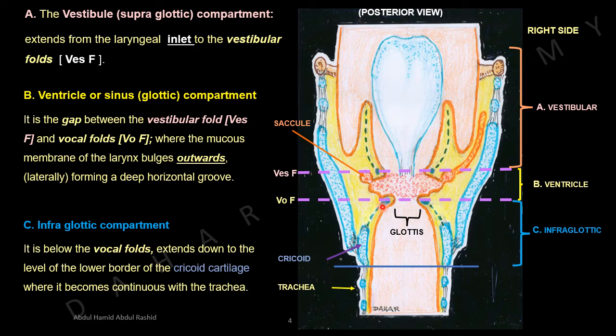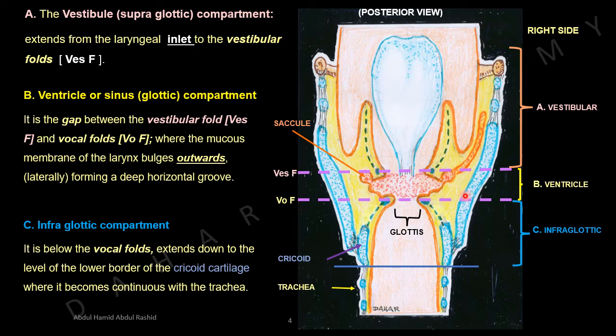It is the gap between the vestibular fold and vocal fold of the larynx, which bulges outwards, that is laterally, forming a deep horizontal groove. So this whole thing is the second part, the ventricle.